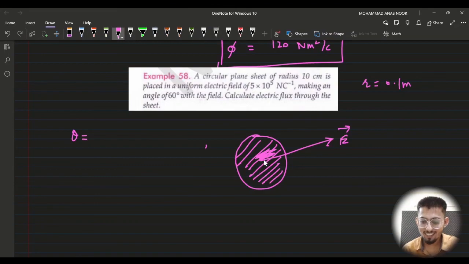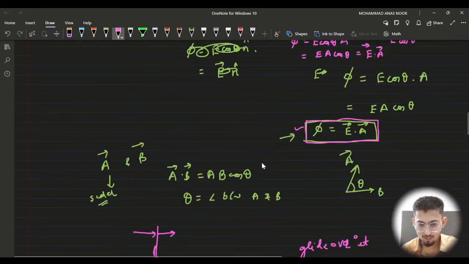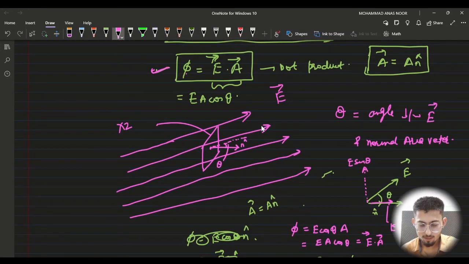See this diagram. This is the electric field, and the angle between the normal unit vector and the field is theta. The other angle is the angle between the area and the electric field, which is 90 minus theta.